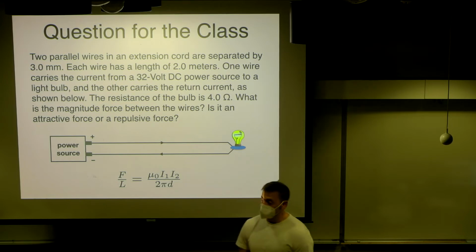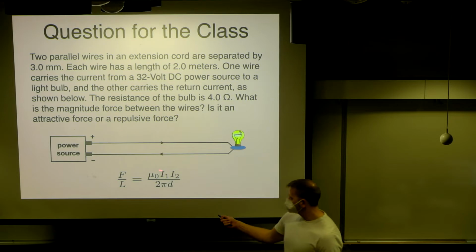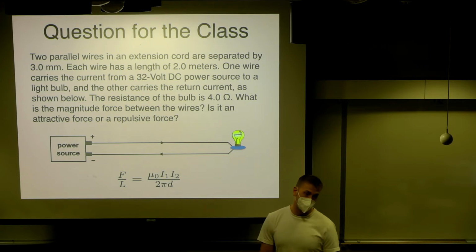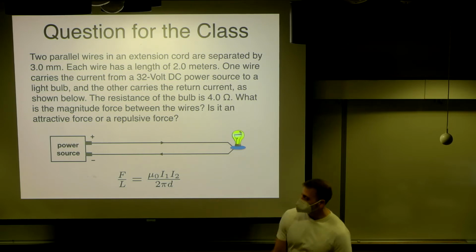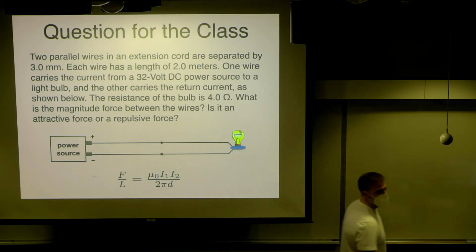And then, is it attractive or repulsive, okay? So use this equation we derived. The first thing you're going to have to do is calculate what the current is. That should be pretty straightforward. Just remember Ohm's law. Get the current, plug that into here along with everything else you know, and you should be able to tell me what the force is. All right? So take a few minutes to do that, then we'll go through it.